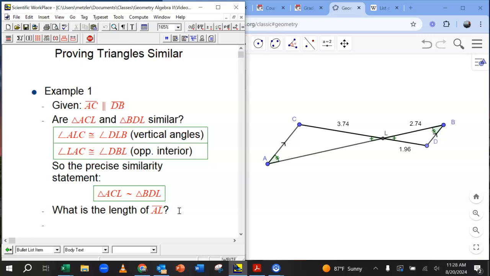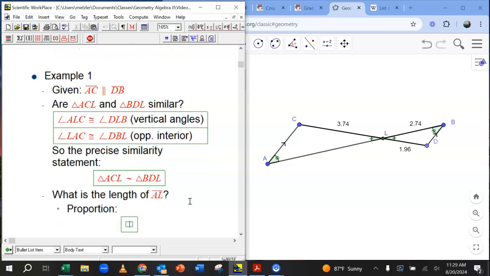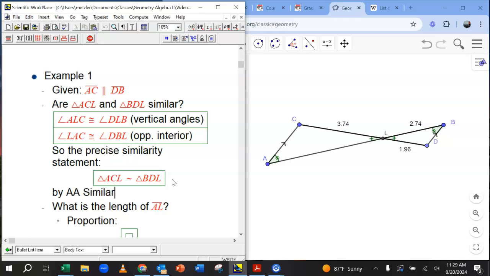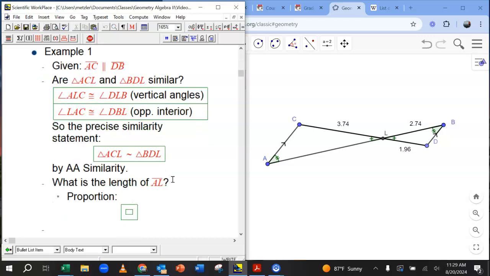Okay, so now that we know they're similar, we could actually use that. Notice I've got 3 lengths measured here, and I'd like to be able to predict what the length of AL is. And of course, that's where we use a proportion. Anytime you have similar polygons of any type, and we know they're similar from AA similarity, we can set up a proportion.